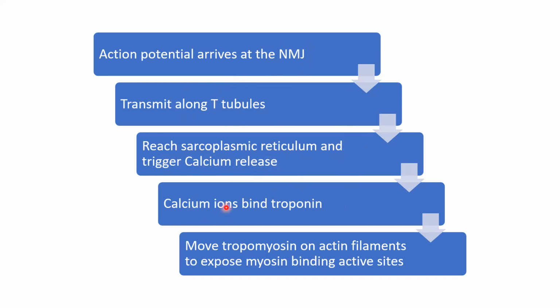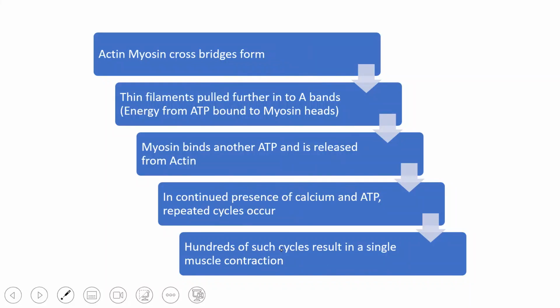So this calcium binds to troponin, and this exposes the myosin binding sites of the tropomyosin. So then active myosin cross bridges are formed, and the thin filaments are pulled into the A bands on the thick filaments. Energy is taken from ATP.